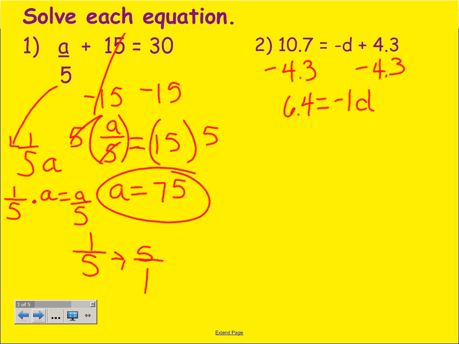And you'll notice that I stuck in the -1 right in front of the d so that I remember what number I'm actually dividing through by. So our coefficient is -1, so we'll divide by -1 on both sides of the equation.